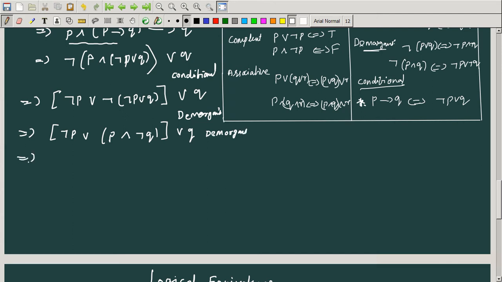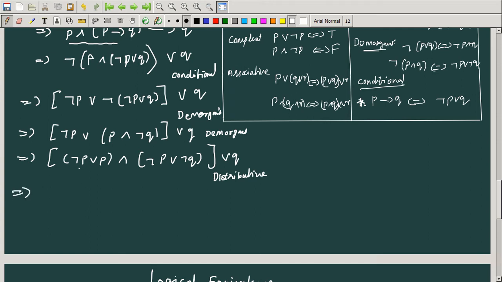After that, for simplification, I'm going to apply the distributive law. What does distributive law say? (P or negation P) and (P or negation Q)... so here we apply distributive. Always mention which law you are using.